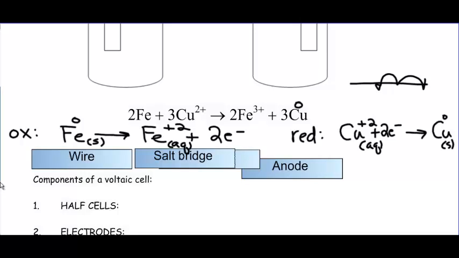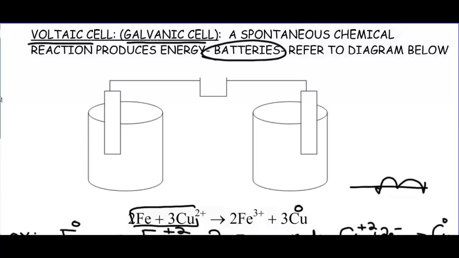Now, if these two species were in direct contact with one another, nothing would happen. But if we separate them and put iron in one cell, these are half cells. If we put iron over here, this would be our solid iron.